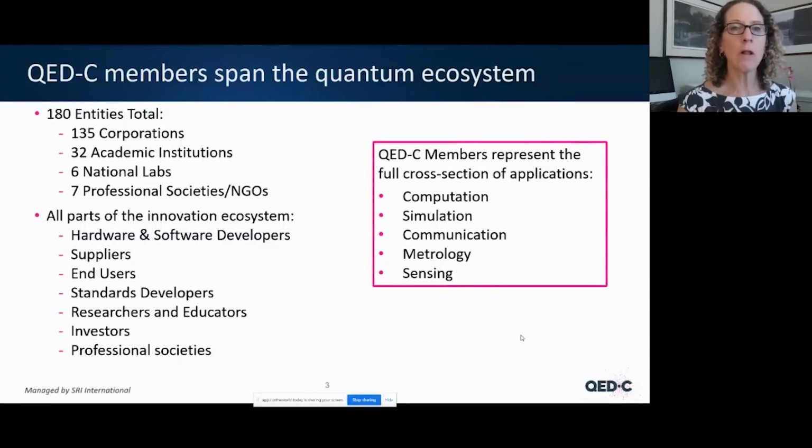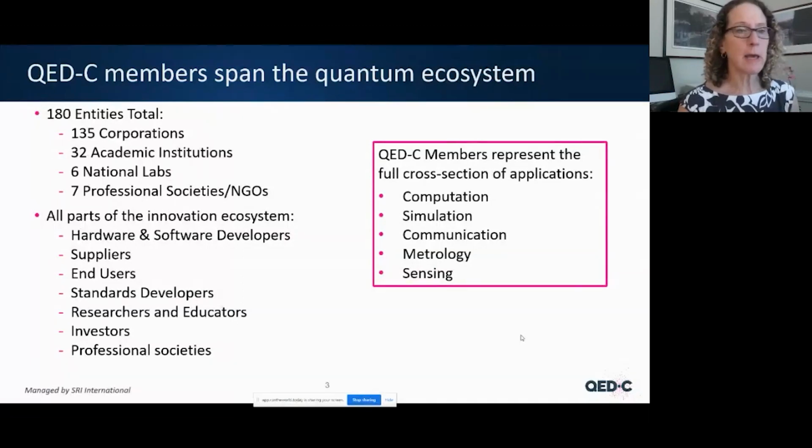I just sort of indicate here that these companies and universities, but especially the companies, do cover the whole sort of supply chain and involve hardware and software, suppliers of components, many of which are not quantum. So we need lasers, we need cryogenic systems, we need vacuum systems and photonics. All of these are technologies that are going to have to be advanced specifically to enable quantum applications.